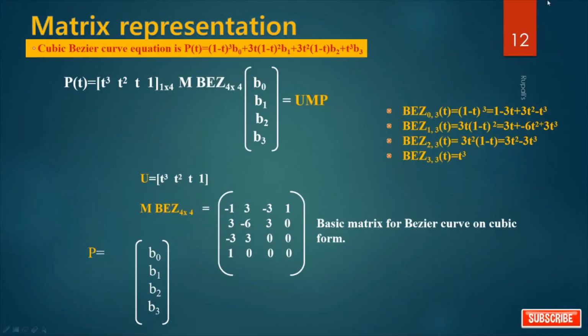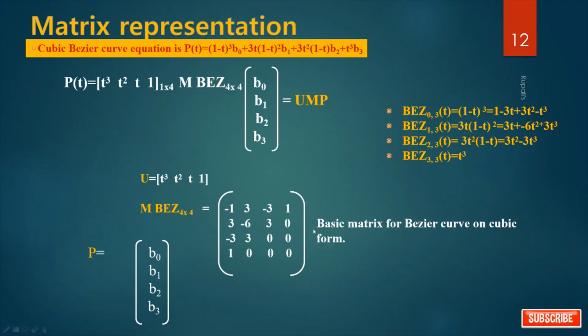Now the matrix representation of this curve. This is our equation for the curve, and I can represent the curve in matrix form in this way: U M P. U is the matrix T cube, T square, T, 1, and P is the matrix of all our control points P0, P1, P2, P3, and M is our basic matrix for the cubic Bezier curve.